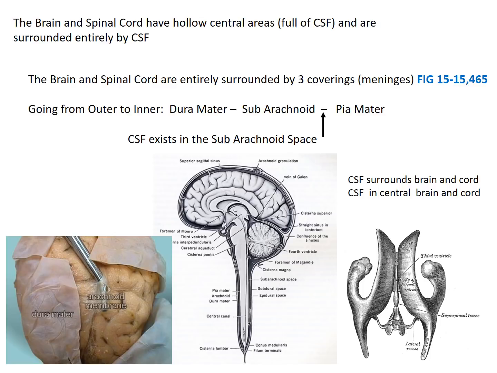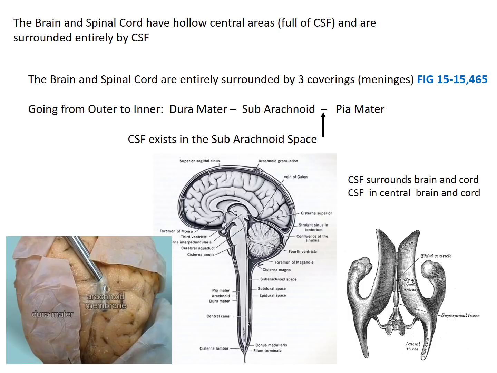On the cadaver photo, you can see the dura mater has been cut and split, and then you can see the probe underneath the arachnoid membrane. The pia mater is tightly adhered to the brain, so it's tough to take the pia mater off.